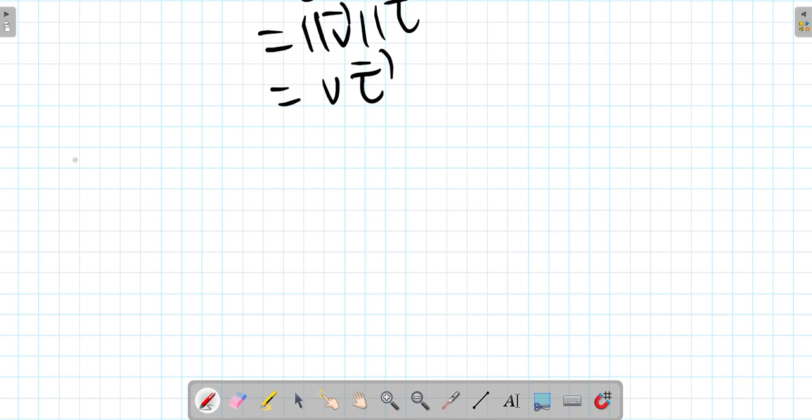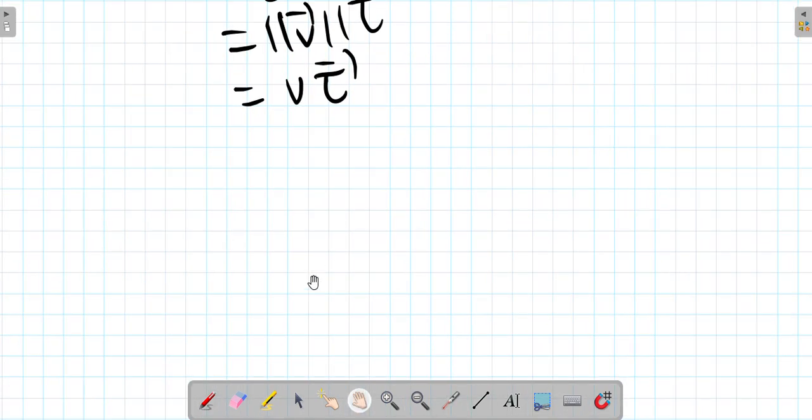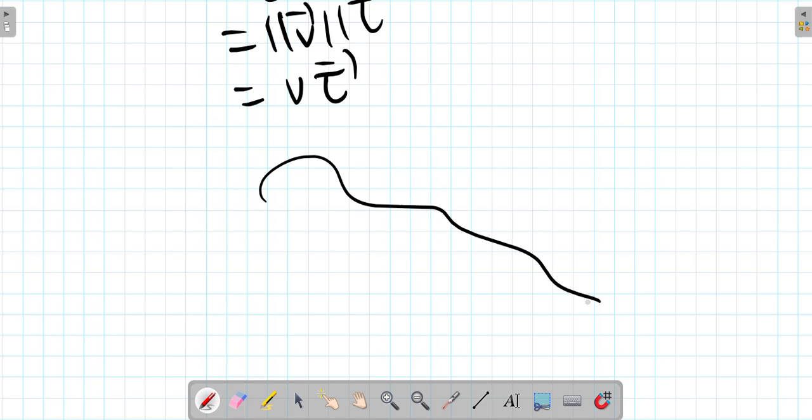Okay, another interesting thing that we're going to define is the vector acceleration. If we have a trajectoire like this, and the point M here, what's the direction of the vector vitesse? Tangent to the point M, right?